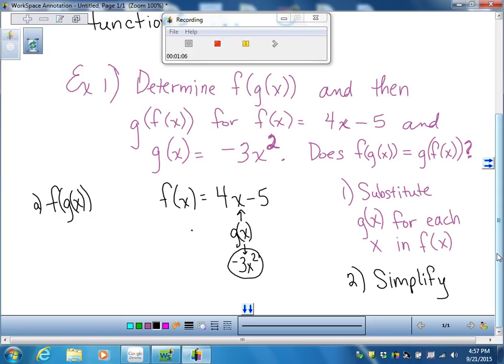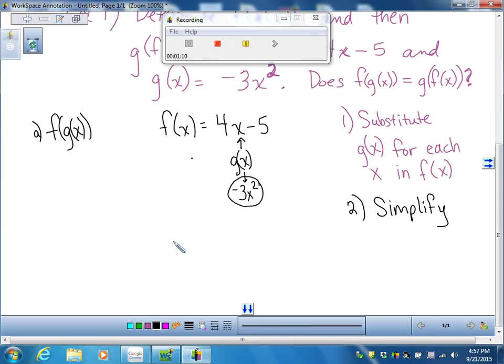After I've done that, then I'm going to simplify. So let's go ahead and substitute this in. So we have 4, take out the x, put some parentheses, so that I have a space to plug in the negative 3x squared.